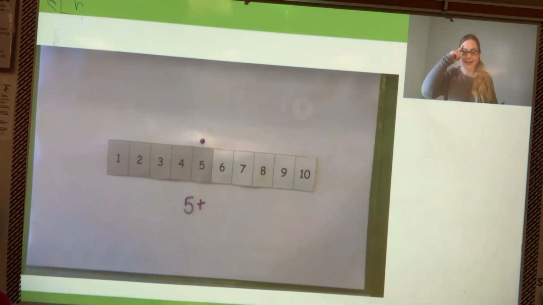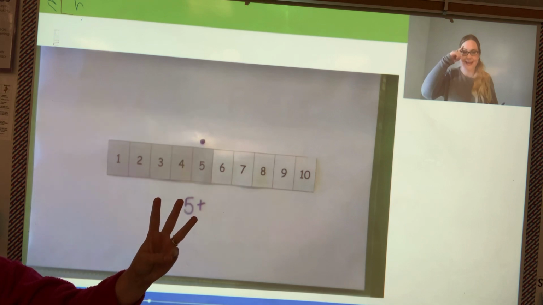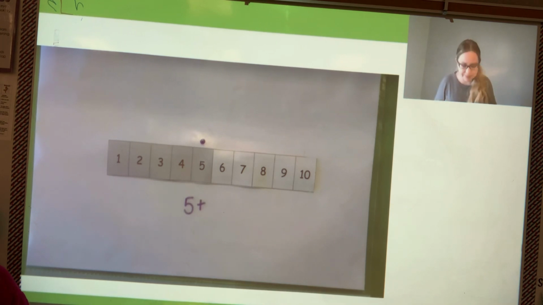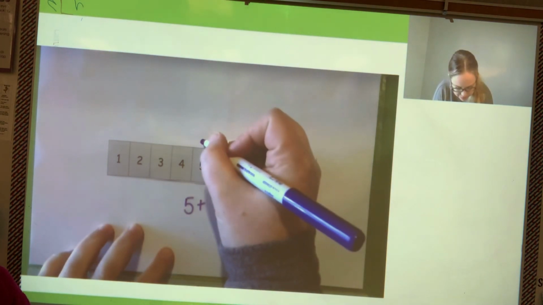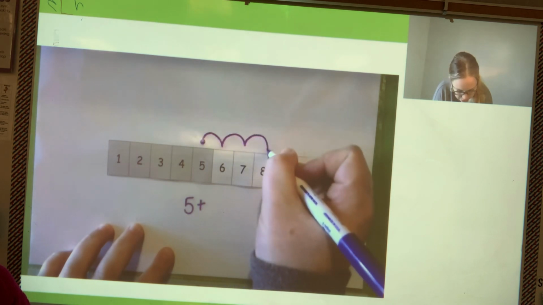Show me with your fingers. 3 hops. Very good. Yes, 3 hops forward. So I'm going to show that with my marker. 1, 2, 3.